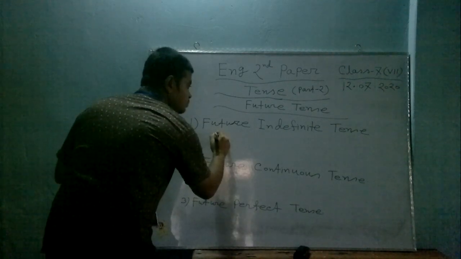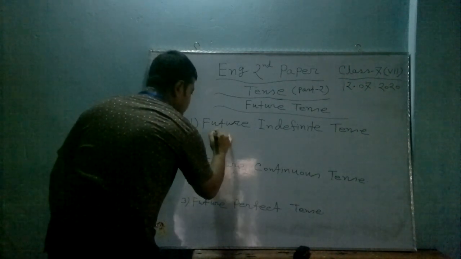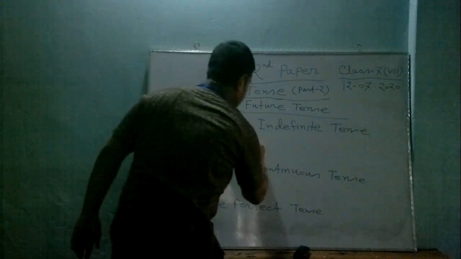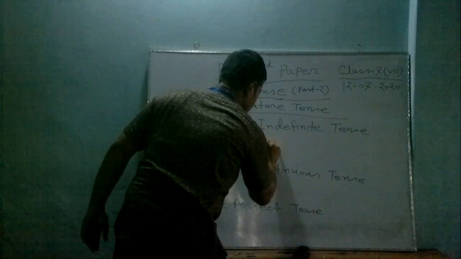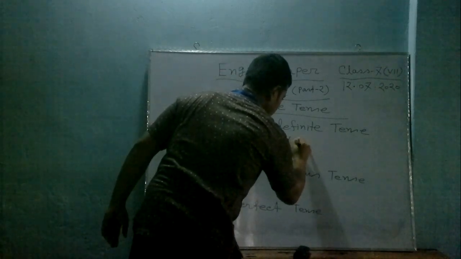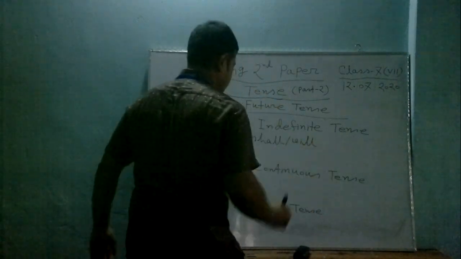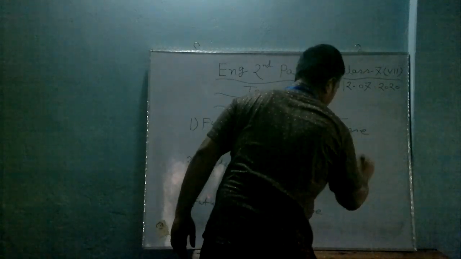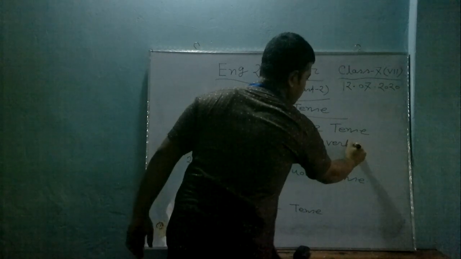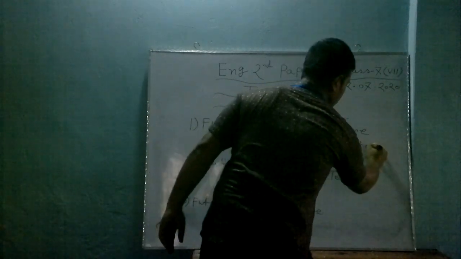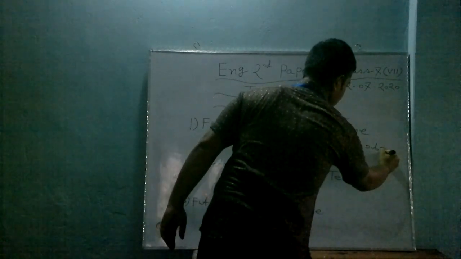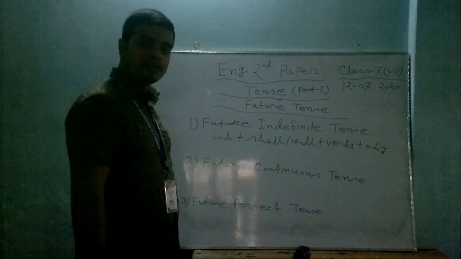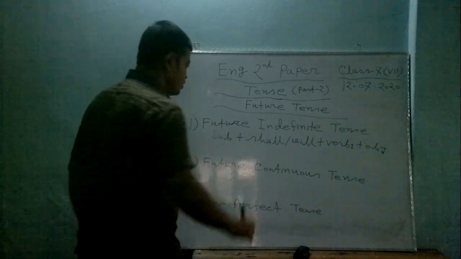First, the structure we can write: subject plus shall/will plus verb 1, it means the present form of verb, plus object. By following the structure, we can write a sentence in future indefinite tense.